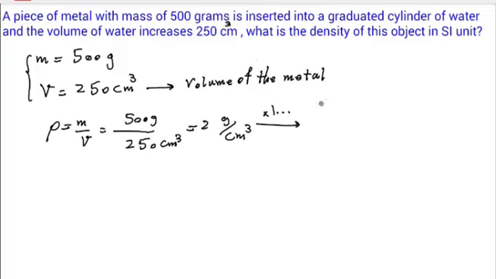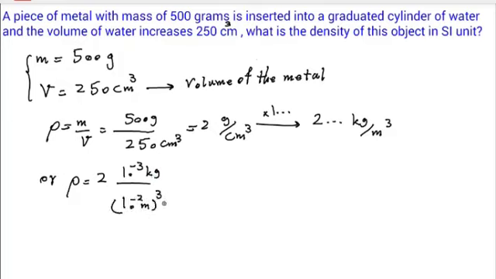Or if you don't have that in mind, you can do it by unit conversion. You can easily just write rho, or density, is equal to 2 times, and instead of grams, we can write 10 to the minus 3 kilograms, and instead of centimeter, we can write 10 to the minus 2 meters raised to the power of 3.